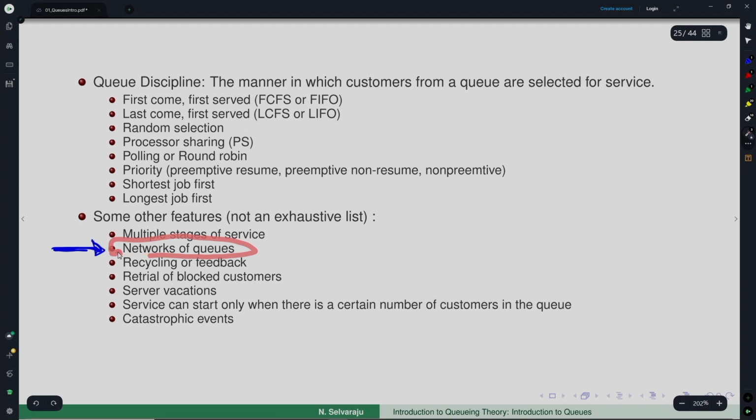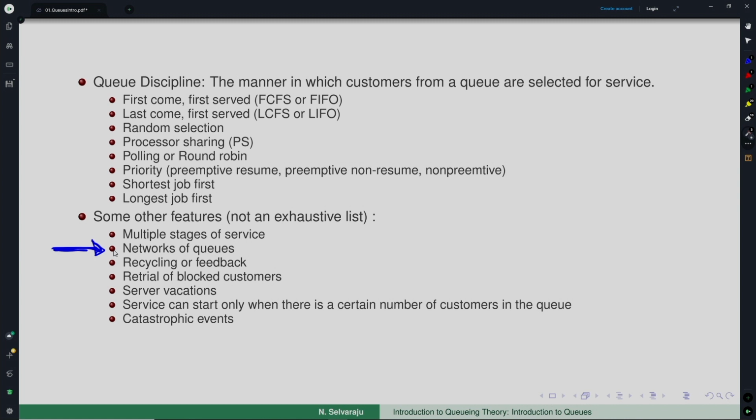After you are served at one place, you move to another service center, right. You get service one after the other before your complete service requirement is met. So, then you have a scenario where you have networks of queues.